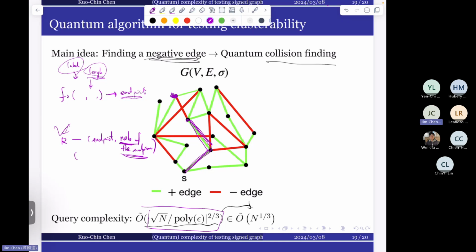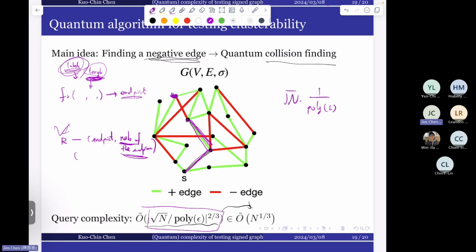So we have this query complexity. Since the searching space is the labeling and the length of the random walk, and the number of labelings of the random walk is square root of n, and the length of the random walk is 1 over poly epsilon.